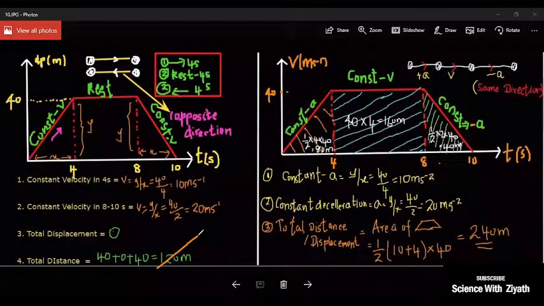It was a mistake. 80 meters. 80 meters. And rest. And here this is the opposite direction.